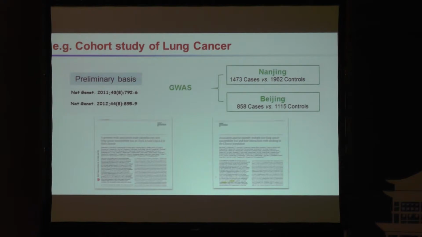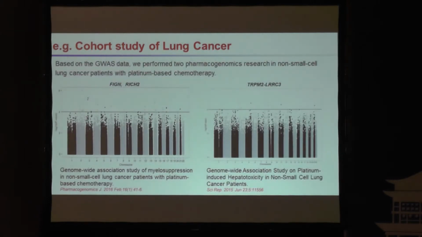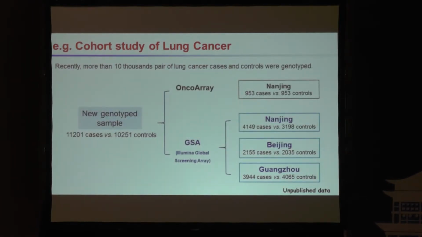Actually, in 2011 to 2012, we performed the first GWAS study of lung cancer in the Chinese population. Based on the GWAS data, we performed 2 pharmacogenomics studies in non-small cell lung cancer. Recently, based on our previous study, we have genotyped more than 10,000 pairs of lung cancer cases and controls.